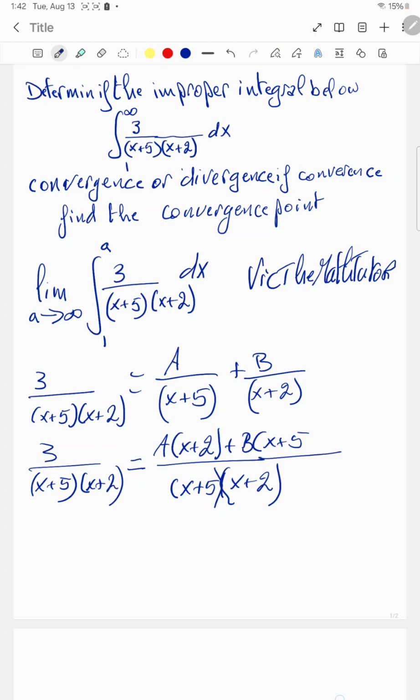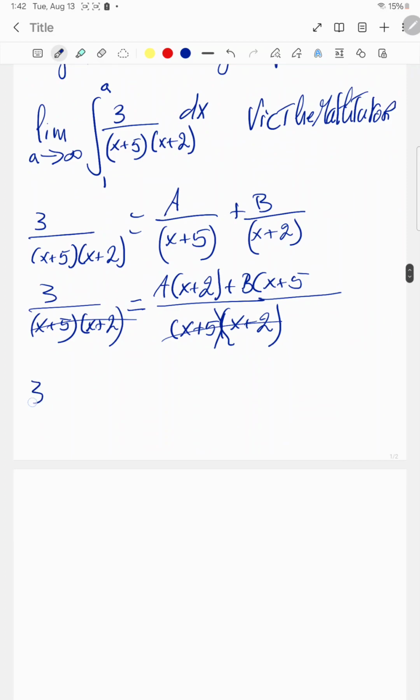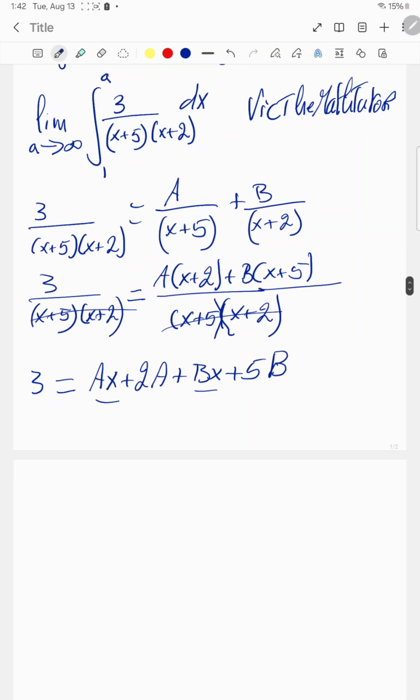Because I have the same denominator on the left and right hand side of the equality, I can get rid of the denominator, and I would have 3 equal, and let's elaborate, a times (x plus 2) plus b times (x plus 5). So it becomes ax plus 2a plus bx plus 5b. And now let's factor out x between a and b. So I would have 3 is equal to (a plus b) times x plus 2a plus 5b.